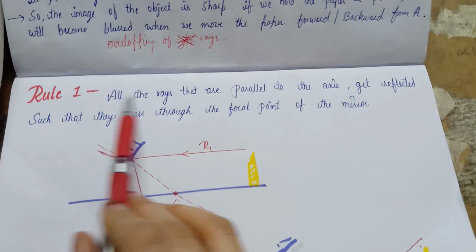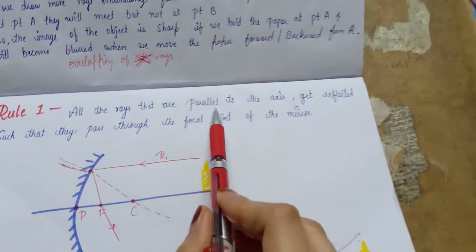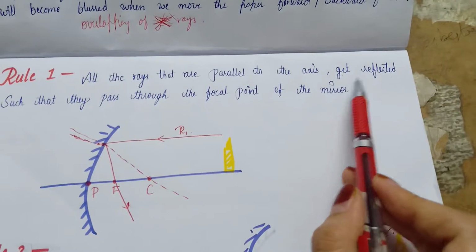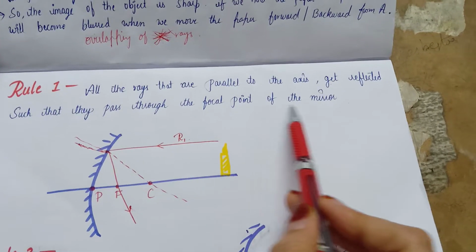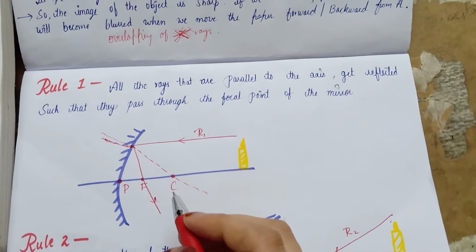Rule number 1: all the rays that are parallel to the axis get reflected such that they pass through the focal point of the mirror.